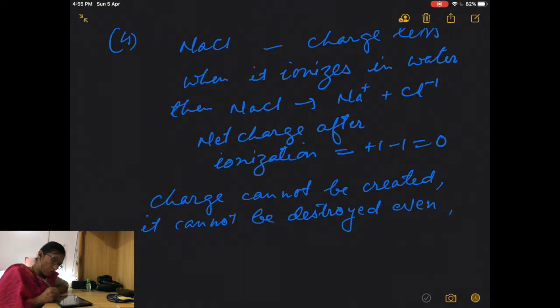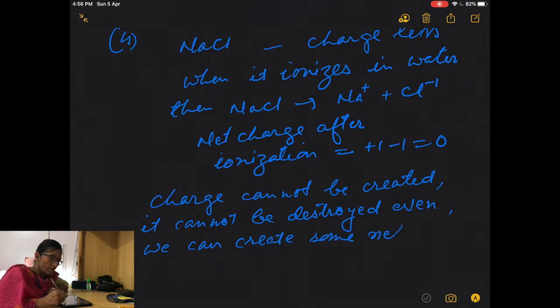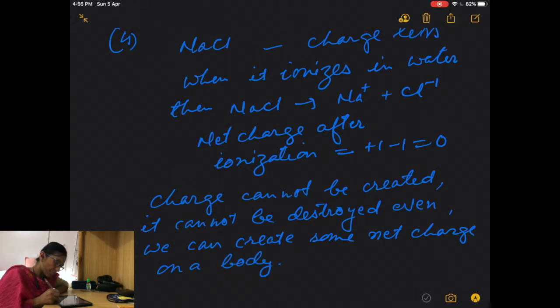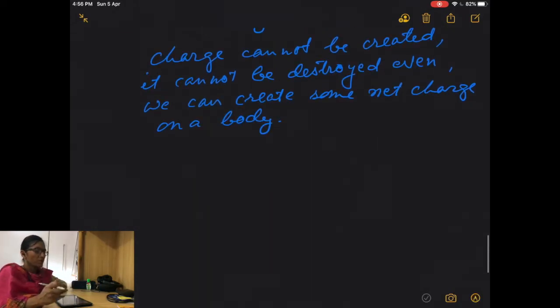We can create only some net charge on a body. So how can a body be charged?